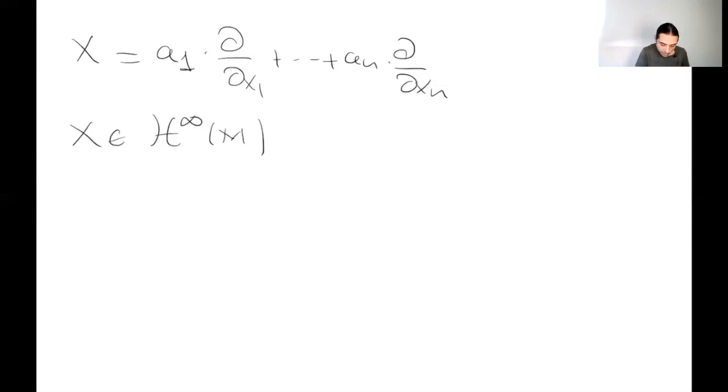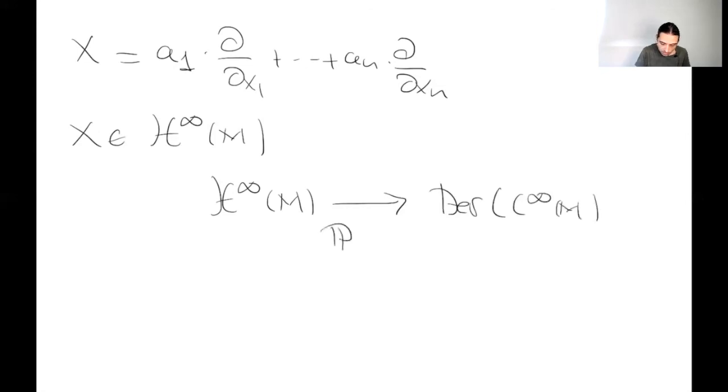So what we prove in this way is that the map from the space of C-infinity vector fields to the space of derivations, these maps obviously are linear, and we just proved that it is surjective. And it is easy to show that it is injective.